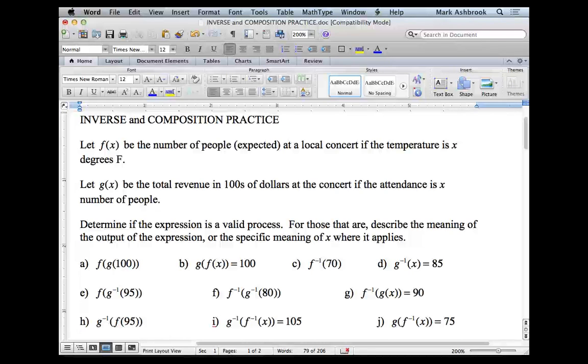Okay, so how would you describe what X is in this equation? What is X? What does it mean? Tell me. X is the attendance? So X is the input of F, right? So what's the input of F? So it's a temperature. What specific temperature is X?